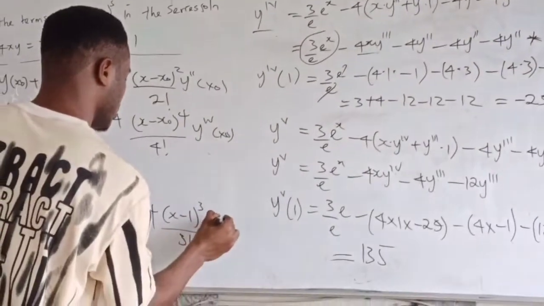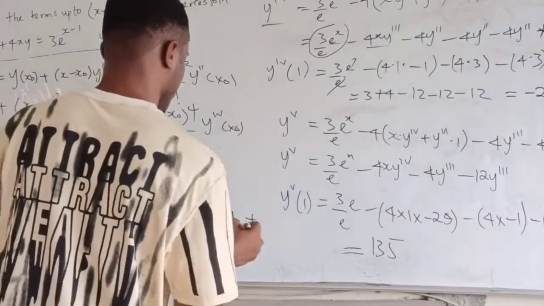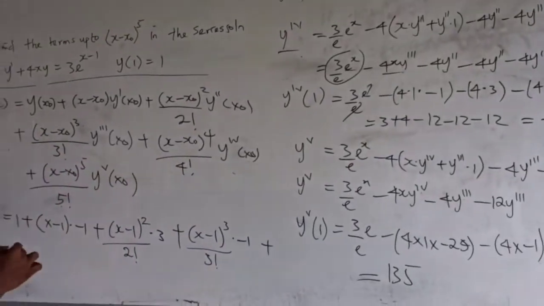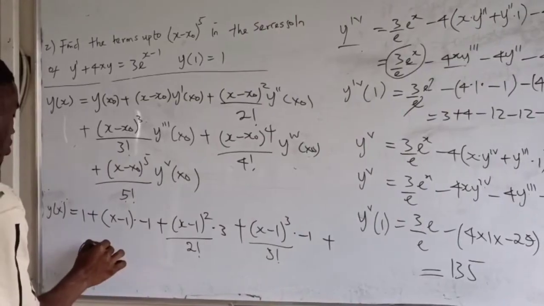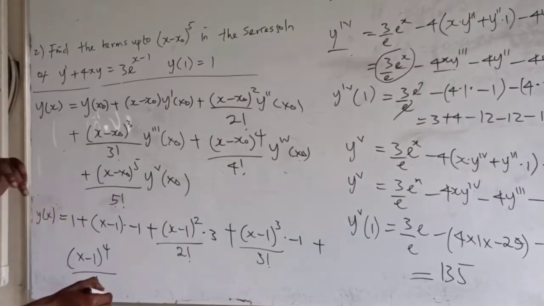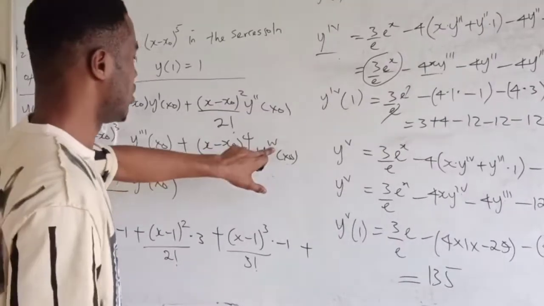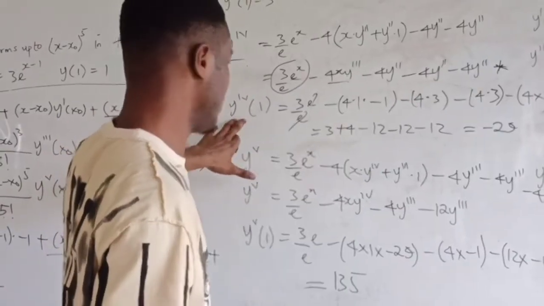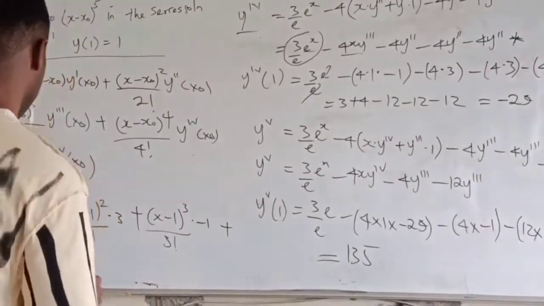So this gives us negative 1, plus (x minus 1) to the fourth power divided by 4 factorial of y to the fourth differential. So y to the fourth differential is negative 29.